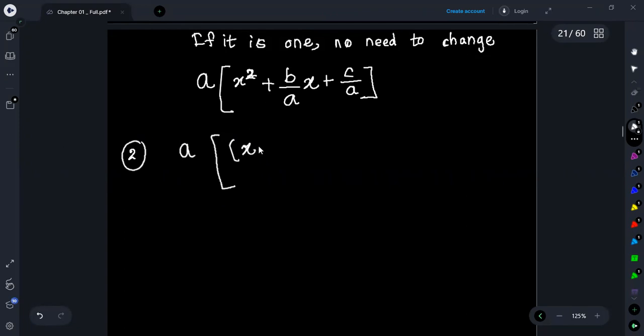If it is plus, we keep it as plus; if it is minus, then minus. Since it is plus, we keep it that way. Then the coefficient of x is b over a, but we have to divide this coefficient by 2, so the remaining term is b over 2a. Once we have obtained this, we close the bracket and square.